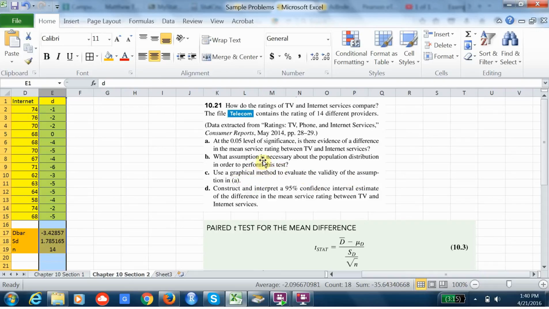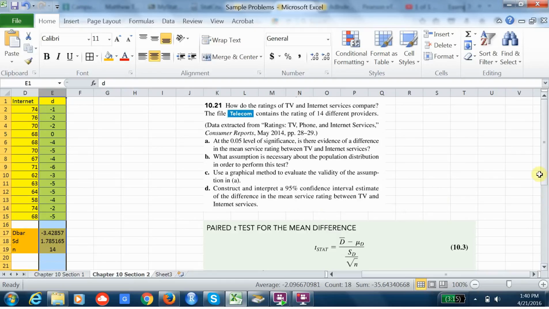So B and C go together. We need to know that they're going to be normally distributed. That's B. And then C is that we would go ahead and actually make a plot. With 14 data points though, it's kind of hard to actually plot. Usually if it's somewhat symmetric, we usually say that's okay. But with 14 data values, it's still hard to tell, even if it's symmetric.